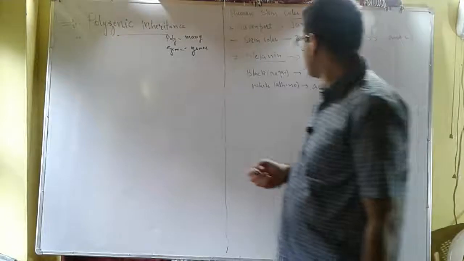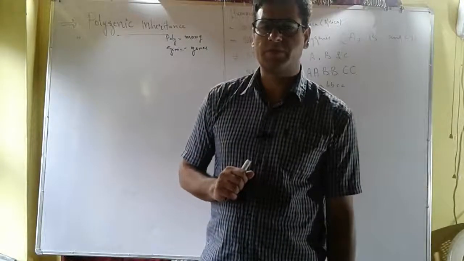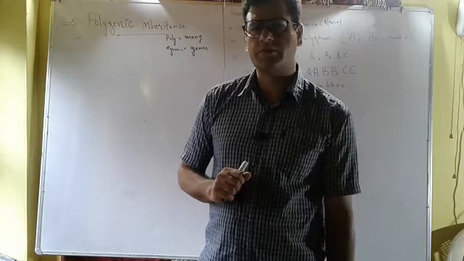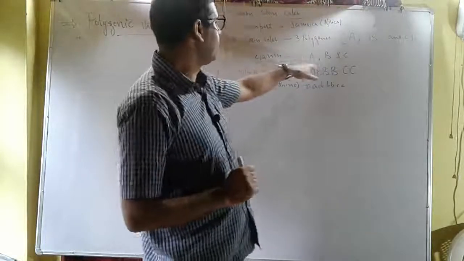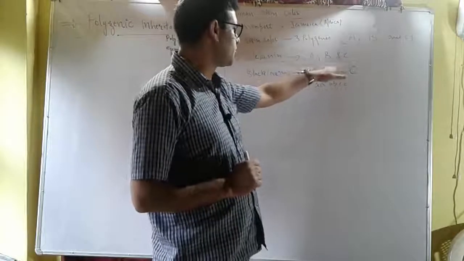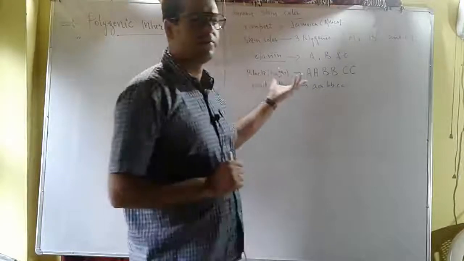That means the 3 polygenes are involved in the full expression of this trait, skin color. When all the 3 polygenes are present in an individual, then the individual would be black.